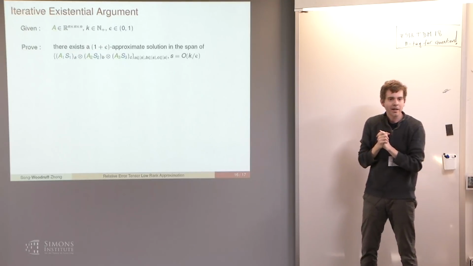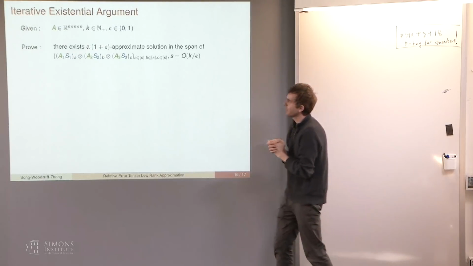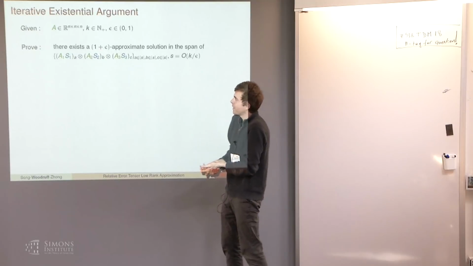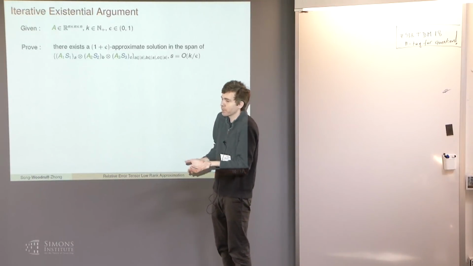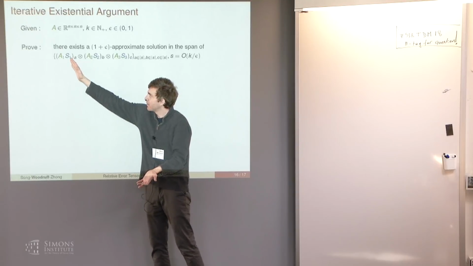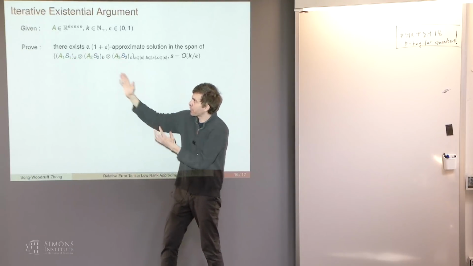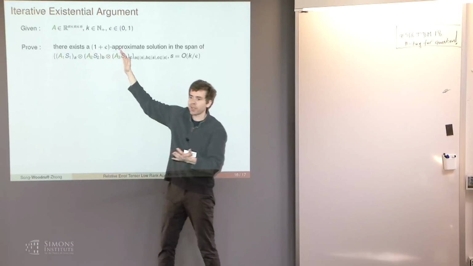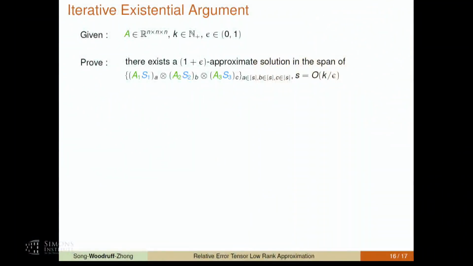And then the argument is just that there exists a good rank k tensor, which is a 1 plus epsilon approximation, which is in the span of all triples of outer products of columns here, and columns here. So what does that mean? I take one of the columns here. This is a very tiny matrix. There are only s columns.